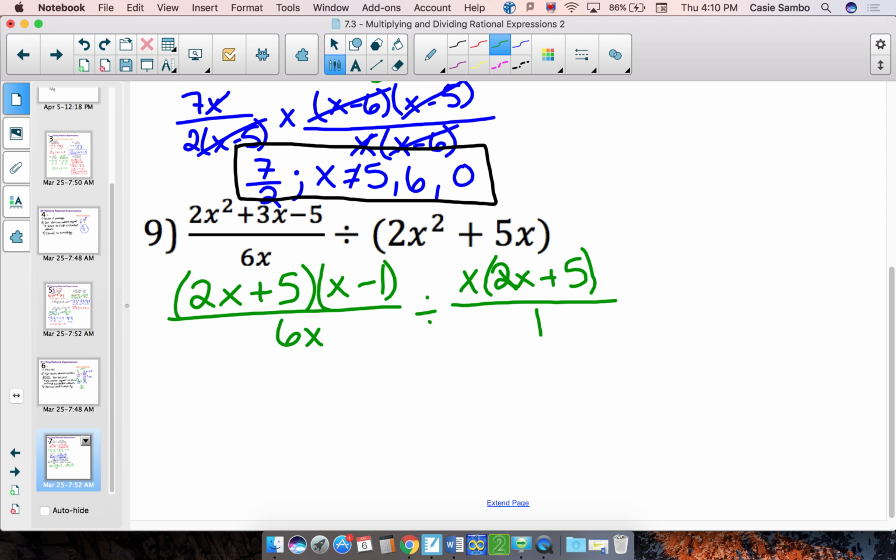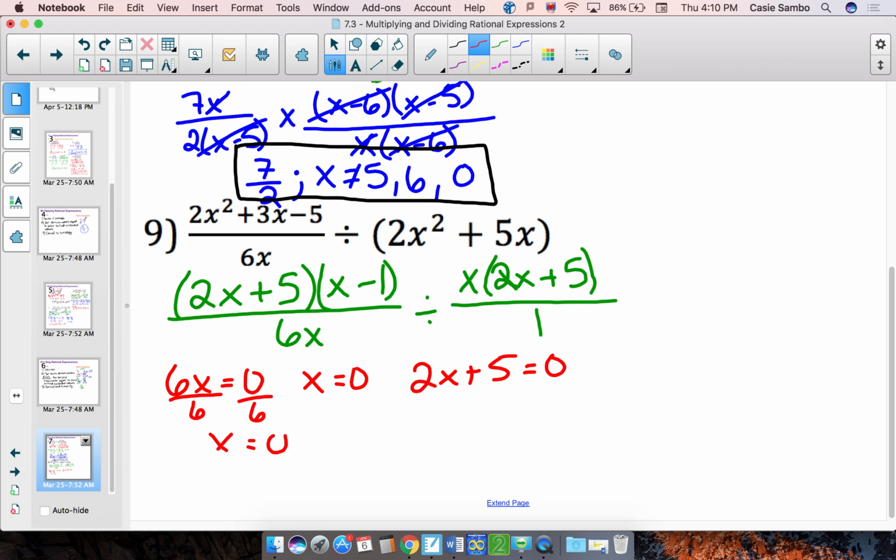Just like in the last problem, I need to take care of any excluded values. So I'm going to do 6x equals 0. 1's never going to equal 0, so I get to skip that one. x equals 0, and 2x plus 5 equals 0. Solve. So I have x equals 0 twice, which is fine.